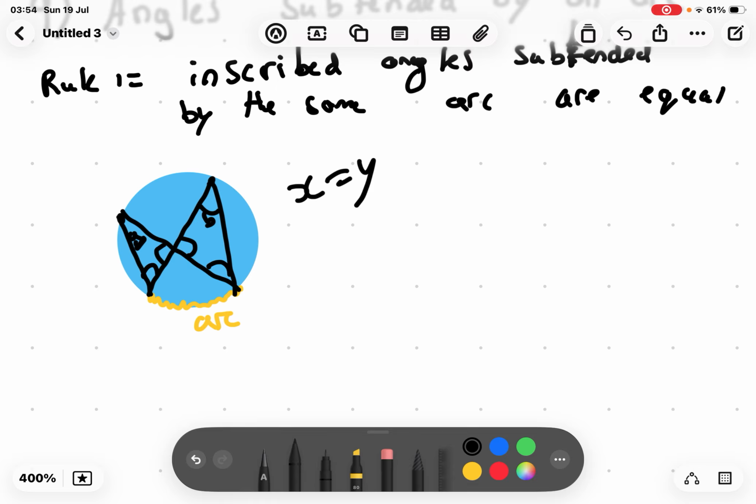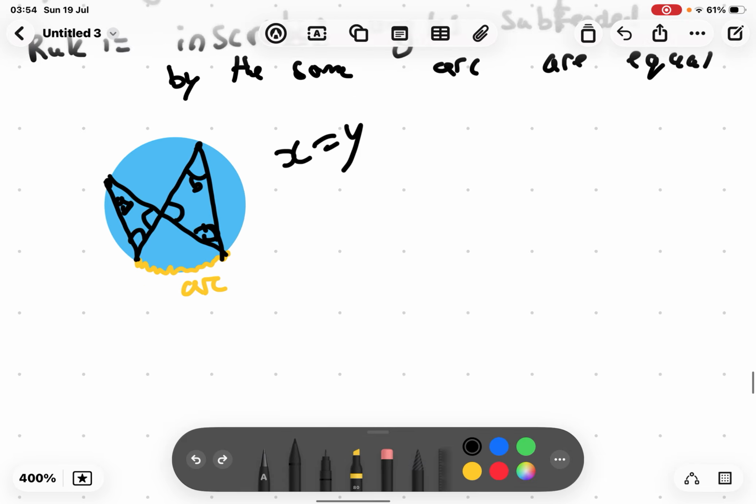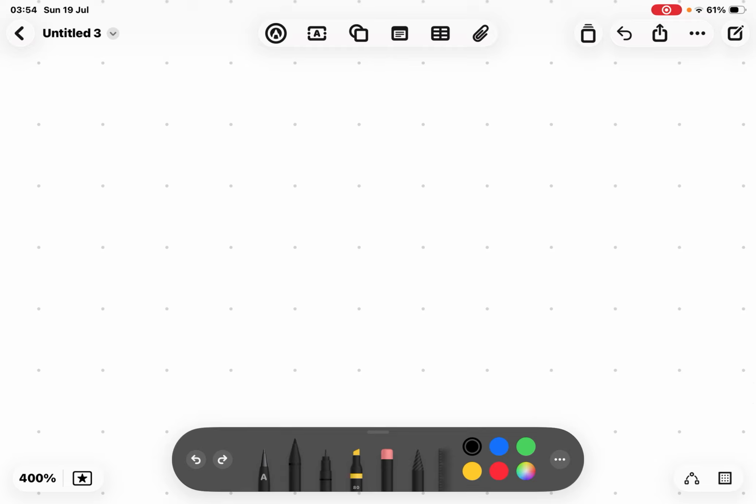And then the way you can find these is by adding these two, all this maths, 180, take away. But in this topic, we have another rule, rule 2.